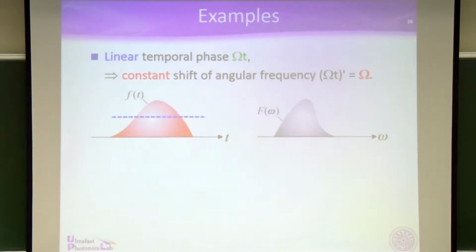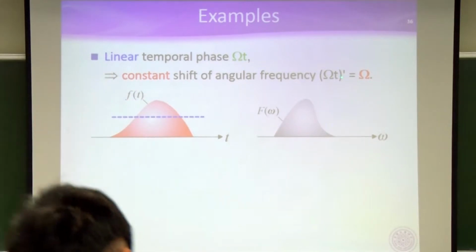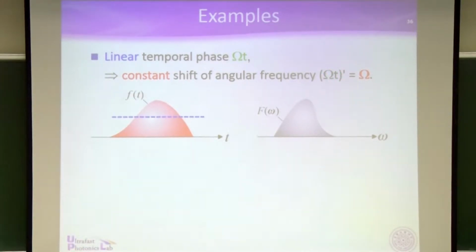The temporal phase is big omega constant times time variable t, a linear function of time. Based on the formula on the last page, after the time derivative, big omega times t becomes a constant big omega. So it predicts a constant shift of angular frequency, big omega.